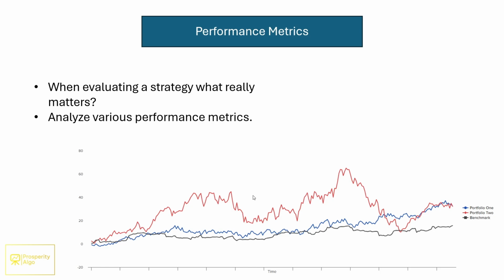However, Portfolio 2 was very choppy, oscillating up and down, whereas Portfolio 1 was a nice smooth line, or relatively smooth line, going in an upward sloping direction. So if you were to just look at annual return specifically, these two portfolios would look effectively exactly the same. However, if you look at other performance metrics, the picture becomes very different.